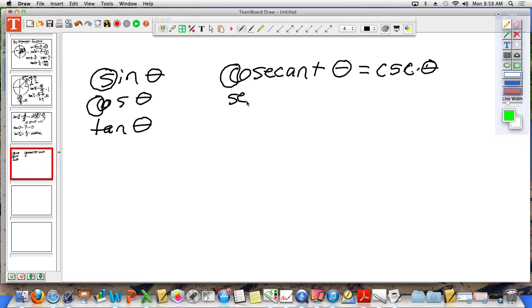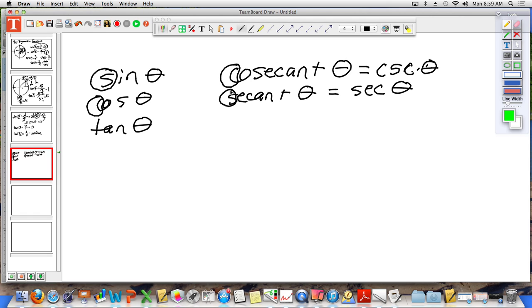Cosine starts with a C. There's another trig function called the secant of theta, abbreviated SEC of theta. Notice that it starts with an S. Do you see why I just did that? Sine starts with S, cosecant starts with C, cosine starts with a C, secant starts with an S. I like to think of sine and cosecant as going hand in hand.